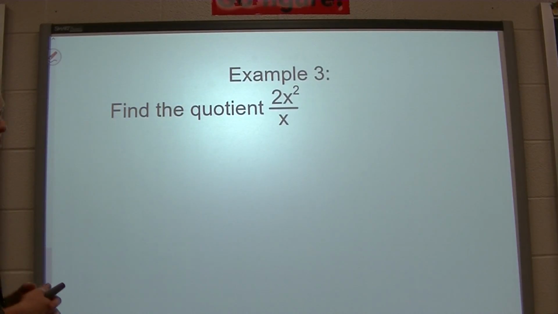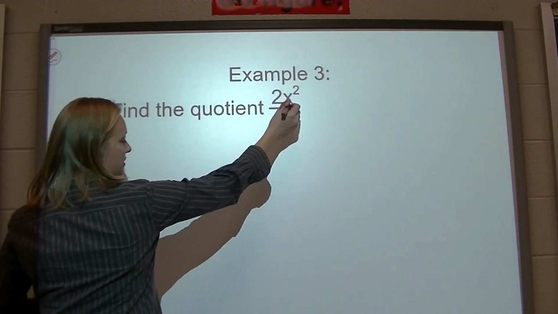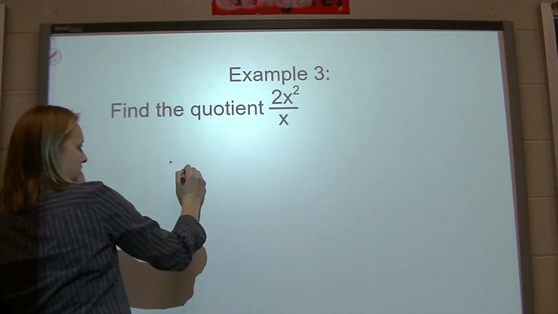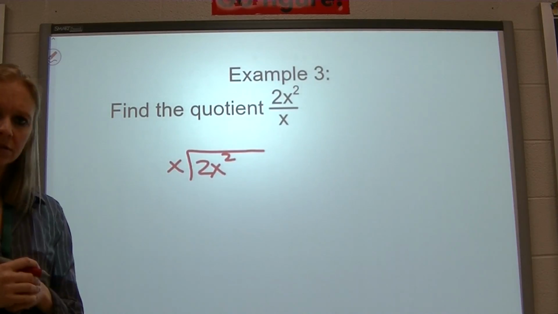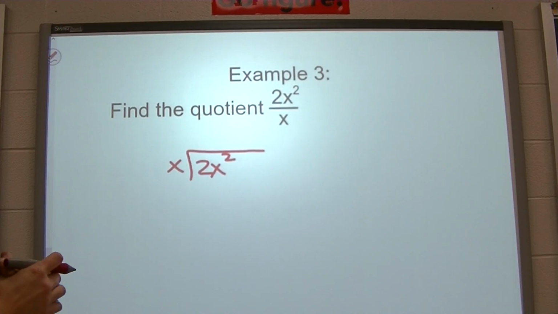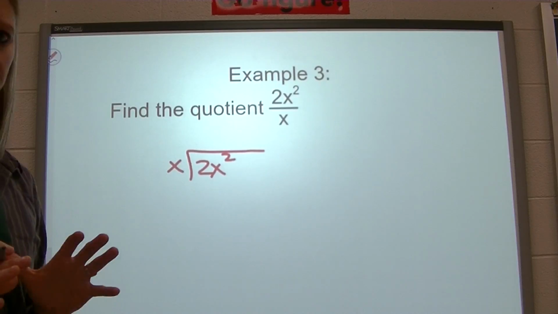So looking here at example 3, let's find the quotient. Again, what happens? This breaks, and then 2x squared gets stuck in the trap, so we have 2x squared divided by x. Now, you might say, okay, x doesn't go into 2. You're right, it doesn't.